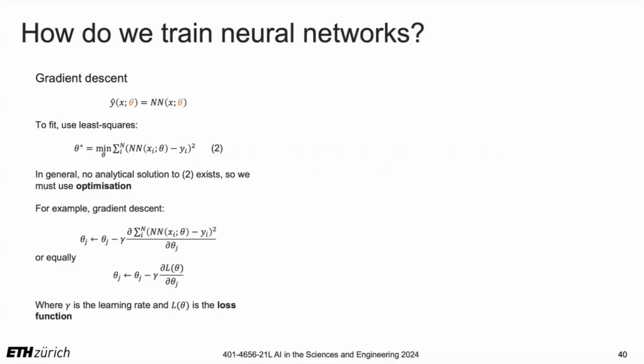Sometimes it's least squares, sometimes it's something else. And in general, there's no analytical solution that will let us minimize that loss function. And so we often use gradient descent, and this is the algorithm of choice for most training tasks. So the question is, how do we actually computationally compute the derivative of the loss function with respect to theta? And that's an interesting question that's worth exploring.